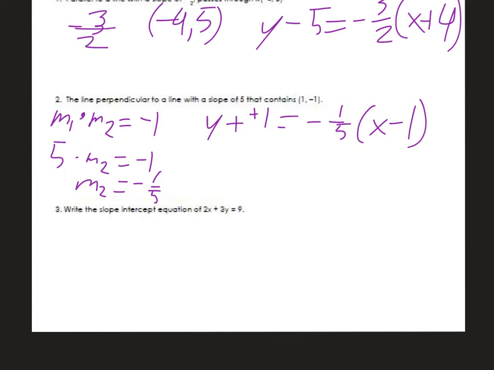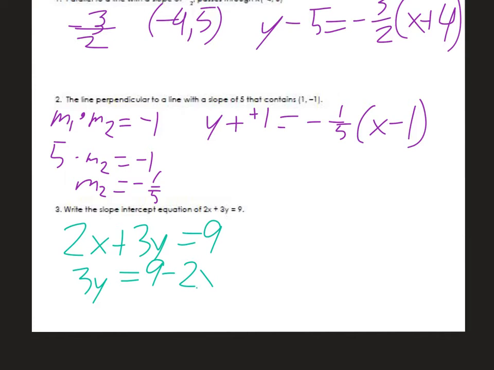Write the slope-intercept equation of 2x plus 3y equals 9. So we're going to solve this via reverse PEMDAS. 2x plus 3y equals 9. We want to isolate that y. So we're going to move that 2x to the other side to give us 3y is equal to 9 minus 2x. Divide both sides by 3.